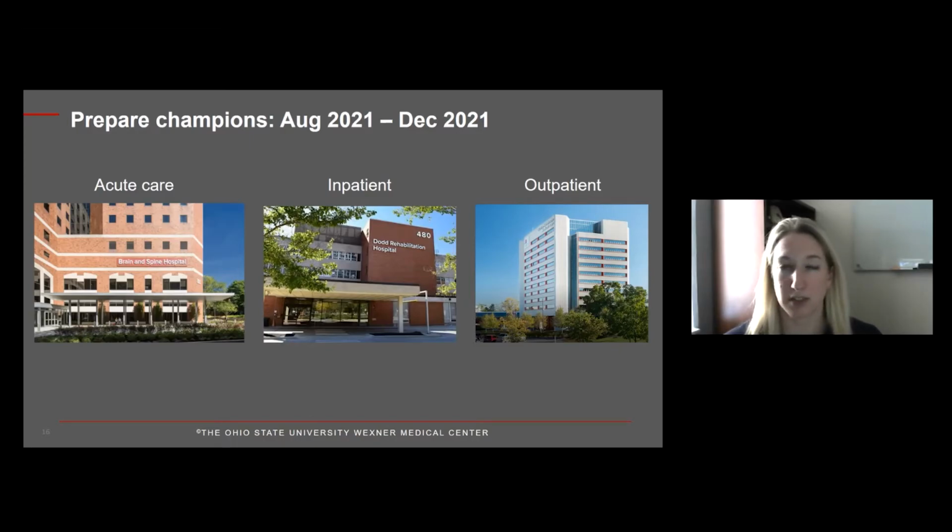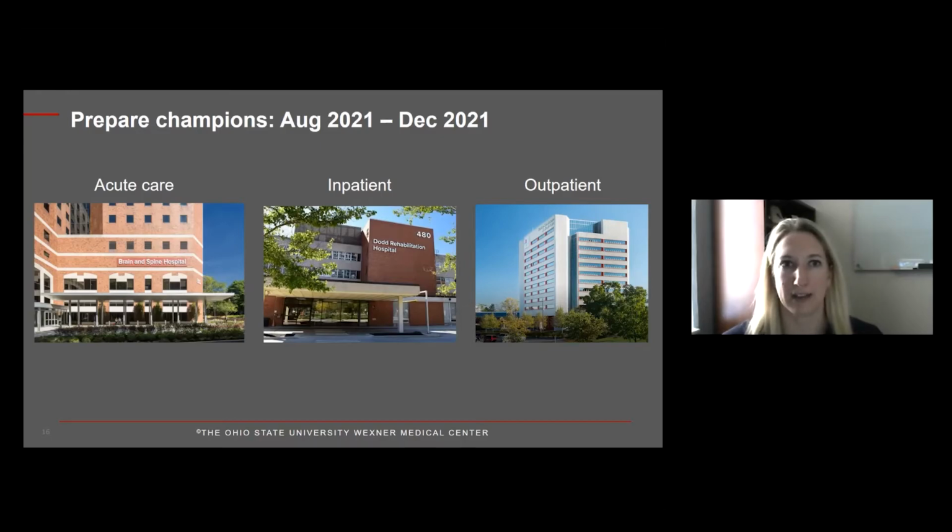And even prior to us launching this project, all 3 of these individuals were part of the grant development process, and signed letters of support to indicate that they were committed to being these outcome measure champions or standardized assessment champions. But now that we've gotten the project up and off the ground, what we found is that really each setting is benefiting from 2 co-champions, so to speak.